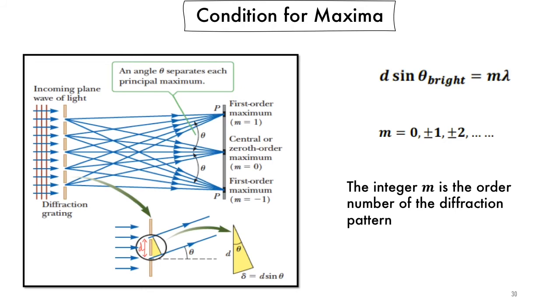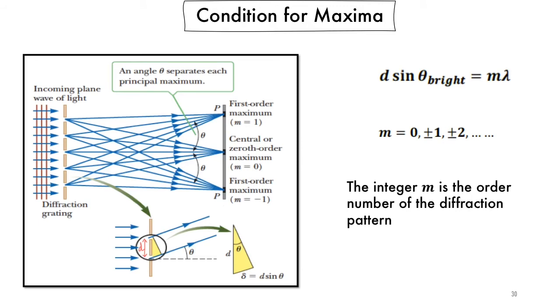The pattern which forms on the screen is a result of diffraction as well as interference. The light, as it enters through the slit, diffracts, and these diffracted rays in turn interfere and produce the pattern which we see on the screen.